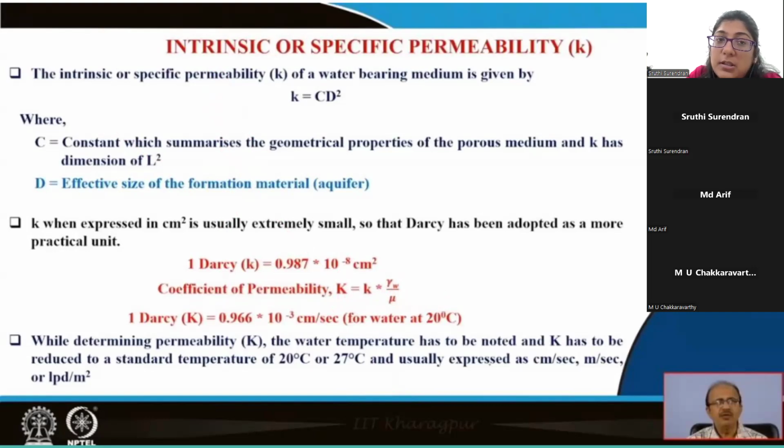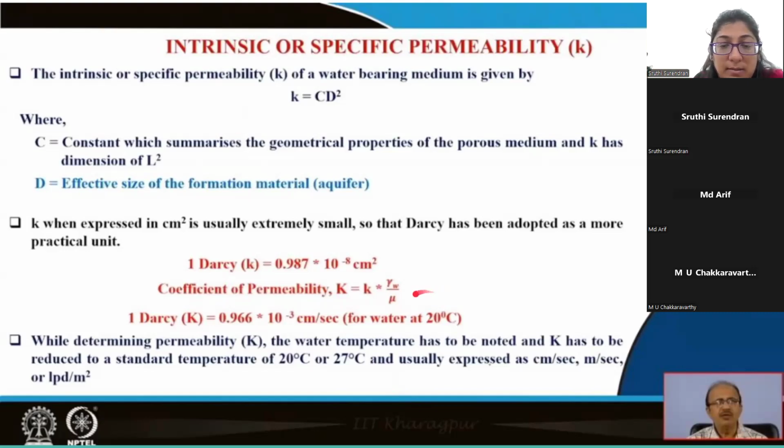Dynamic viscosity of water is a function of temperature. The unit weight of water at 20 degrees Celsius is 9,800 and something Newton per meter cube. Dynamic viscosity is 8.9 into 10 to the power minus 4 Newton second per meter square.